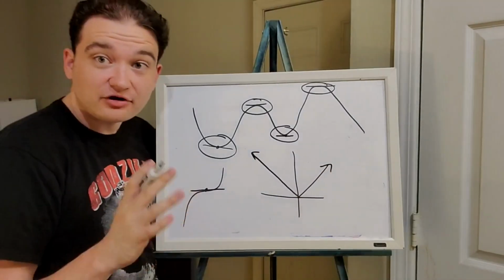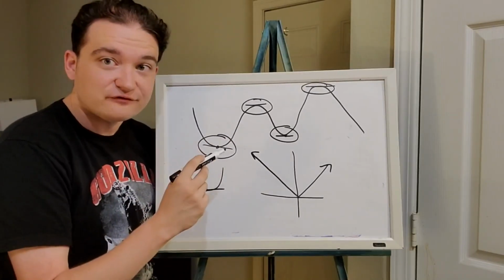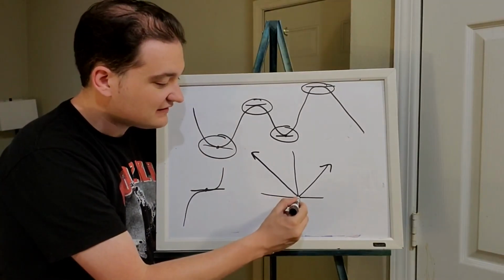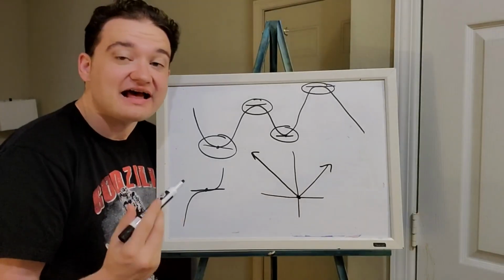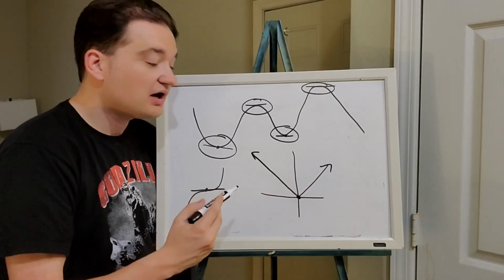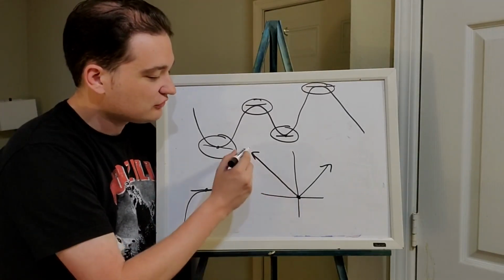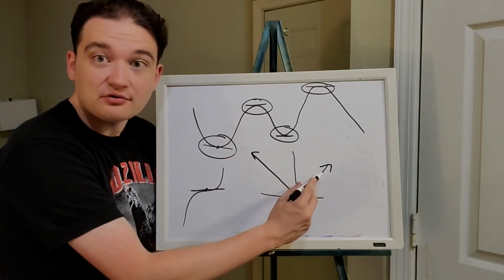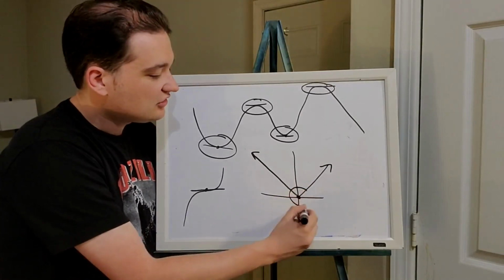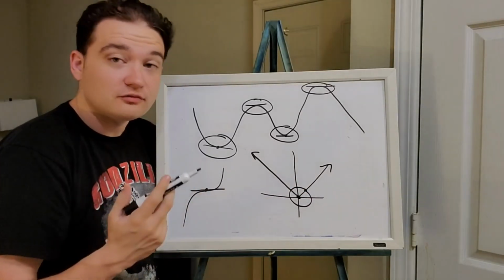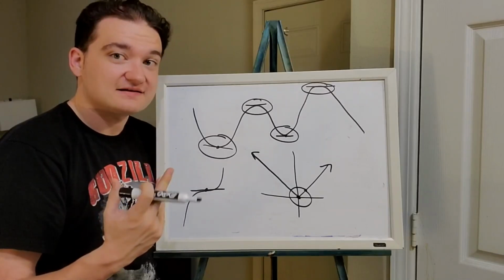This is something we talked about earlier in class. The absolute value function does not have a derivative at this point, at x equals 0. But it's definitely a local minimum. It's lower than all the points over here, and it's lower than all the points over here. So this is a local minimum, but the derivative doesn't exist.